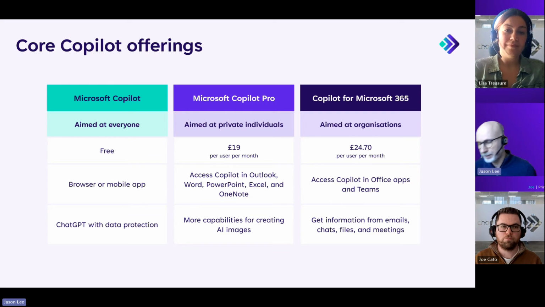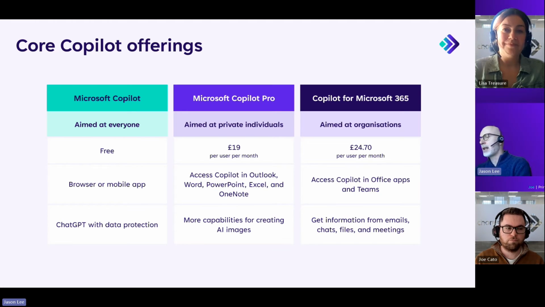This brings those generative AI capabilities into your Office apps, into Teams, into the workplace. It can pull information from right across your Microsoft 365 tenancy to answer questions. It uses the Microsoft Graph. It can understand your emails, your chats, the documents you've saved, and so on. So this really opens up some significant opportunities.